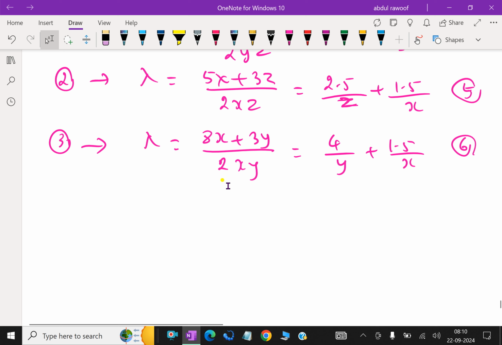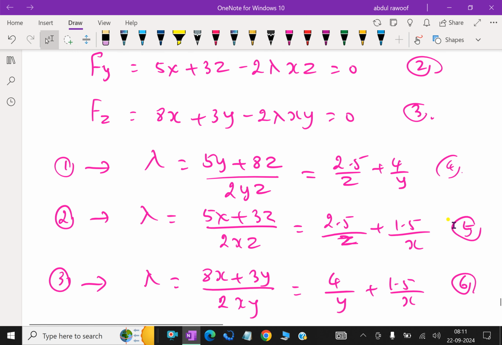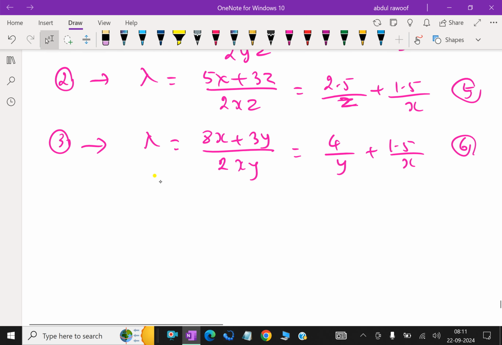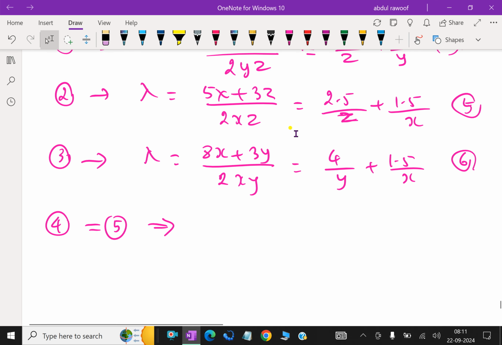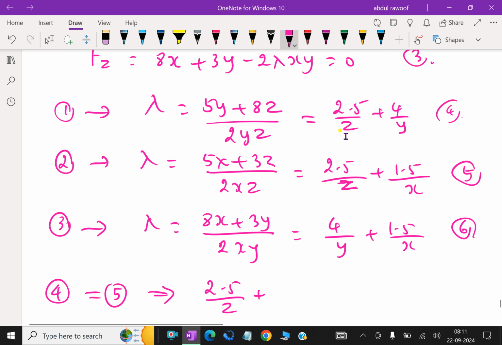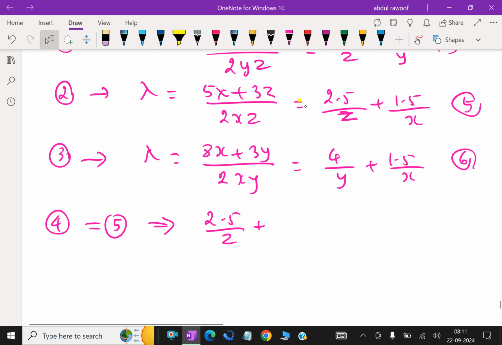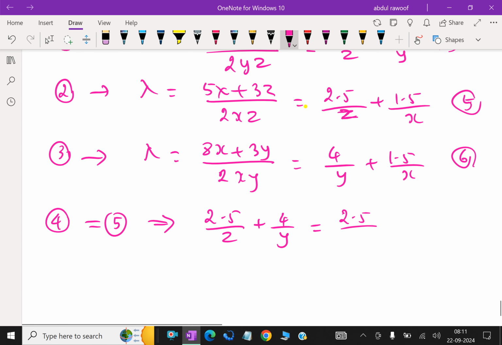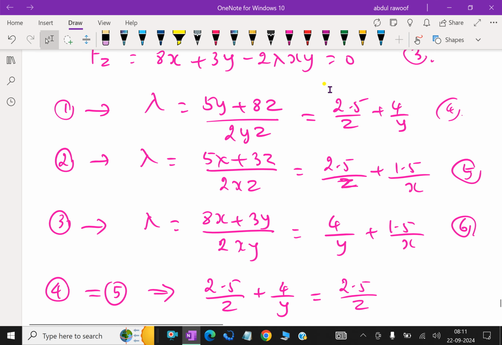First, equating 4 and 5, because both are lambda values: 2.5 over z plus 4 over y equals 2.5 over z plus 1.5 over x.